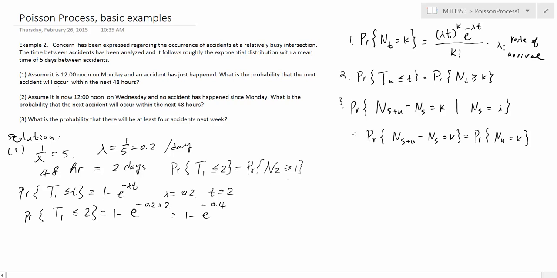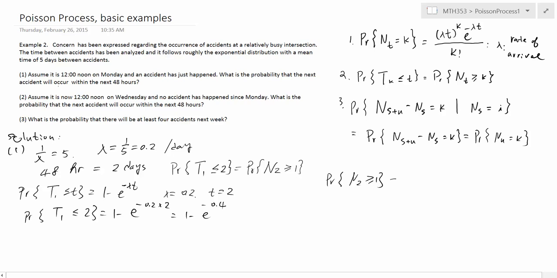Now, let's also look at if we can use the Poisson distribution to calculate, since we have this duality. So let's look at how we're going to calculate the probability that N2 is greater than or equal to 1. That still means by time 2 we have at least one accident, so the next accident arrives before the end of 2 days.